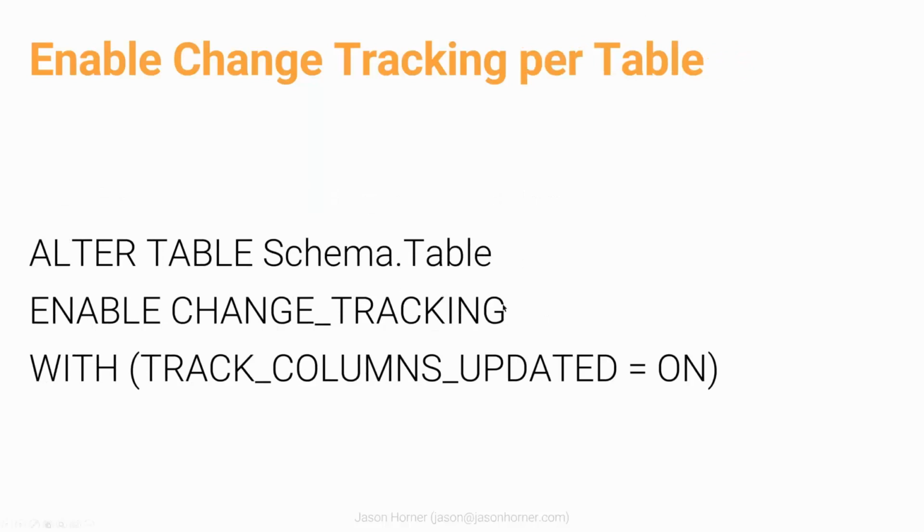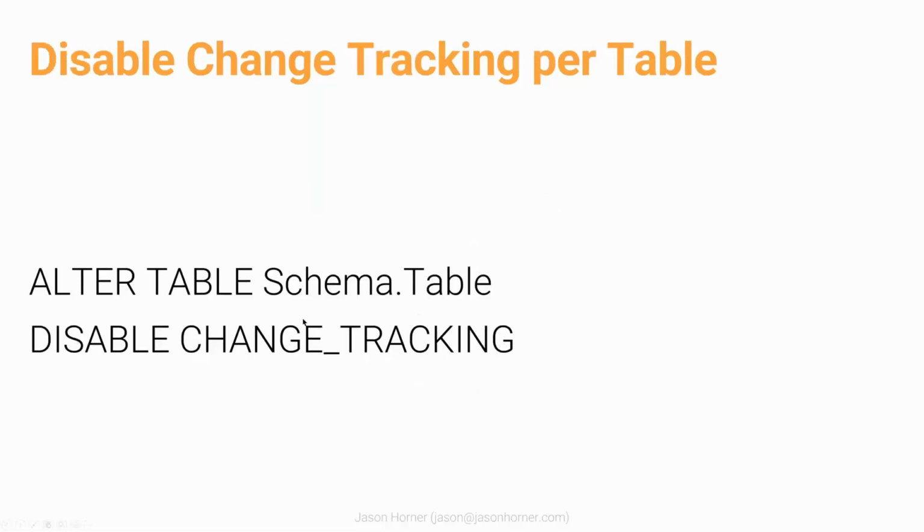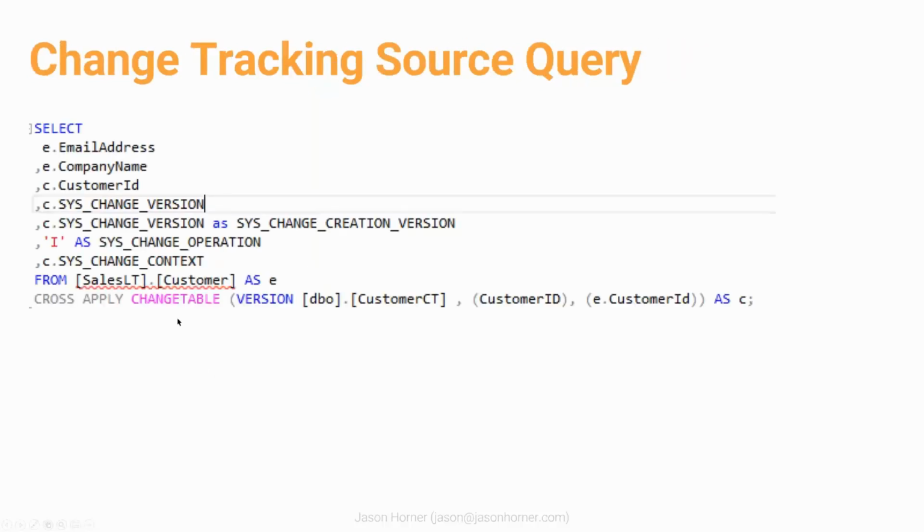You turn it on at a table level. In this case, I want to know which columns were updated, so I'm turning that on. If I want to turn it off, at the table level, I can say disable change tracking. And then here's an example of using that change table as a function to say, okay, DBO customer CT, the primary key is customer ID, return all the changes for this.